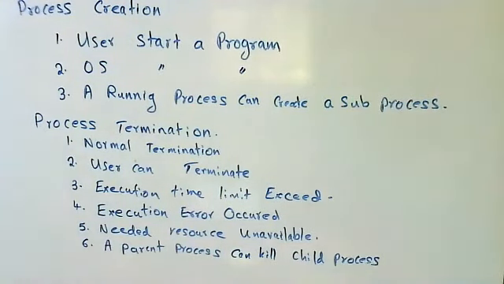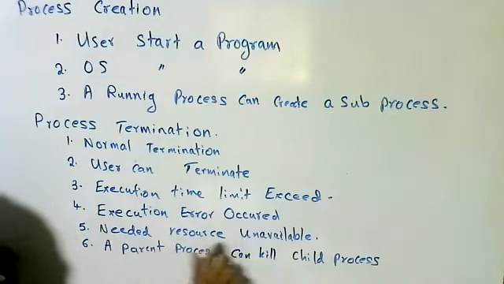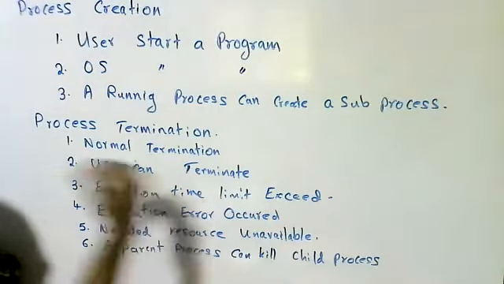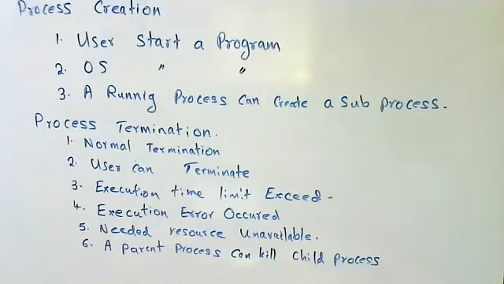Whenever we are running a process and an execution error occurs, it may go to termination. Needed resource unavailable. For example, if an IO device or file is unavailable, that particular process can go to termination. And a parent process can kill a child process.